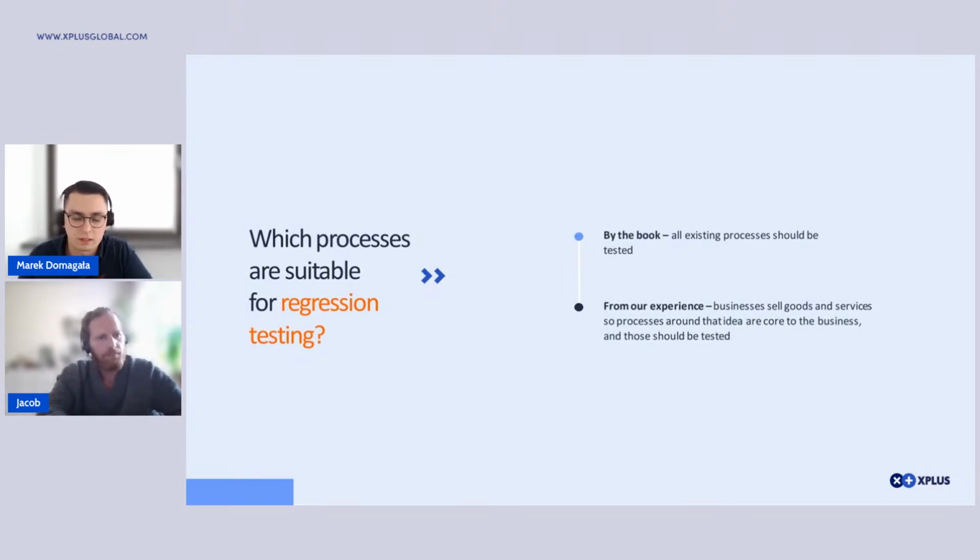We can relate that to the Pareto rule, 20% versus 80%. The simple test cases with the key functionalities will cover enough, because the more complex ones have pretty much the same key functionalities.